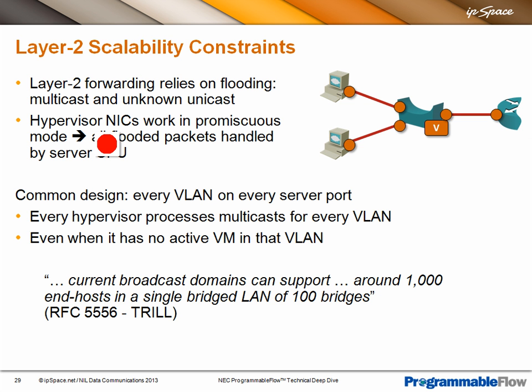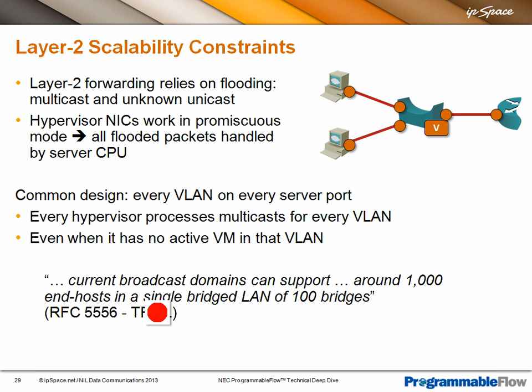Unfortunately, people use a very common design where they configure every VLAN on every server port just in case, which means that every hypervisor gets multicast for every single VLAN, even if the hypervisor has nothing active in that VLAN. And some marketing people are promising you heavens on earth, and people writing standards are more realistic.